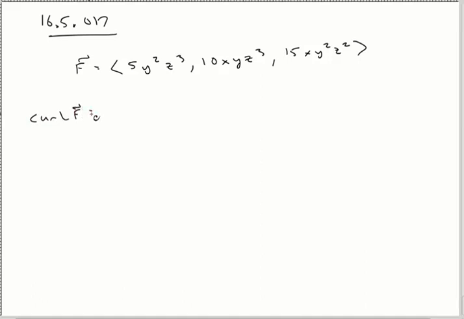Okay, 16.5017. I have my f is equal to 5y squared z cubed, 10xyz cubed, 15xy squared z squared. Alright, curl f.